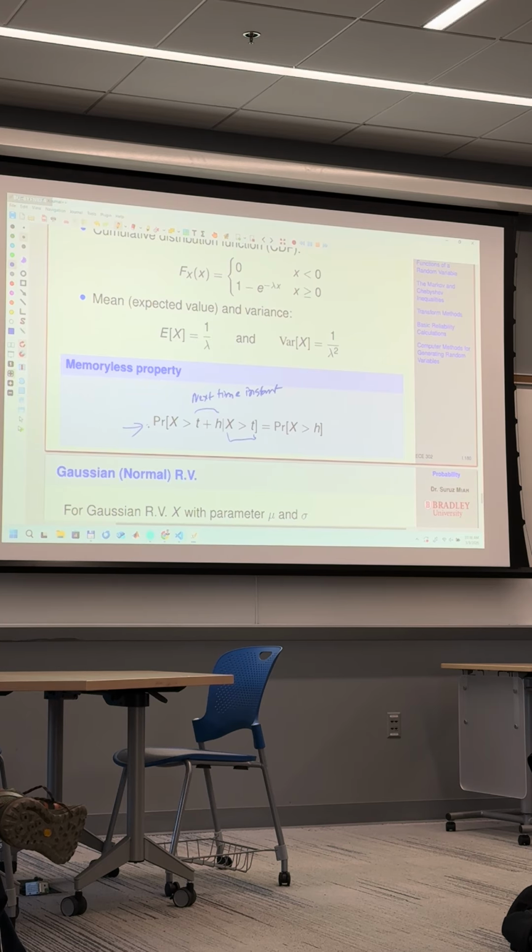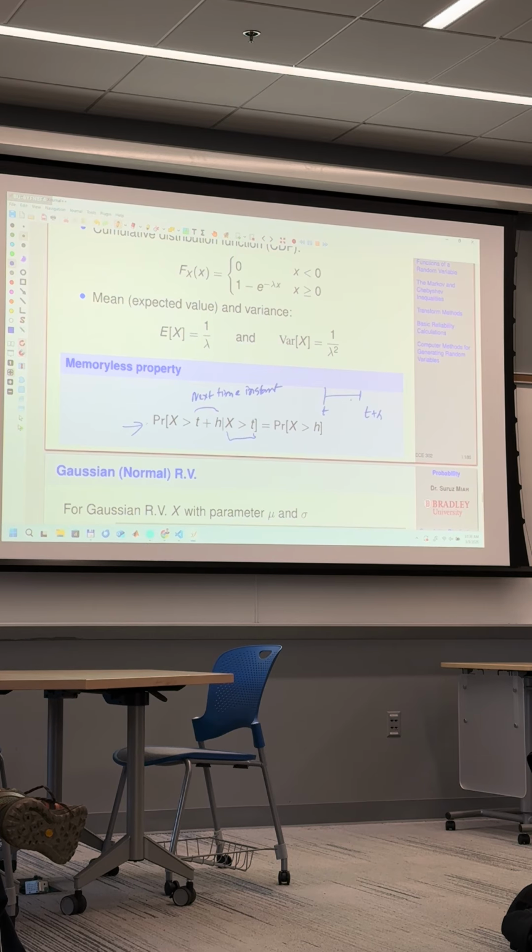Okay, so the probability that x takes value greater than t plus h, given that x greater than t, depends on just, this is your t, this is your t plus h, it depends on what is happening in this time interval h.